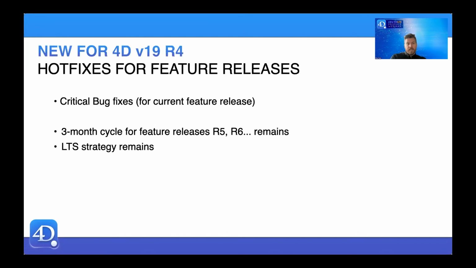So as you can see, the cycle for feature releases hasn't changed, and the LTS version cycle rhythm will not change as well. And as you can see, the bugs that will be fixed are critical bugs, right? Bugs that are generally linked to the deployment of an application.